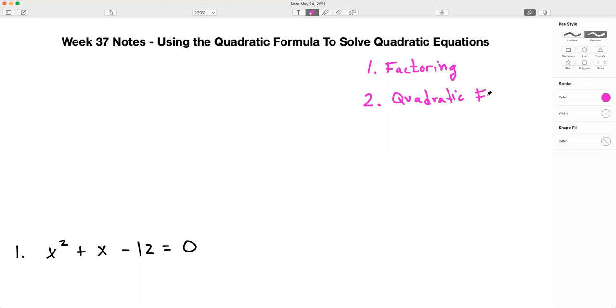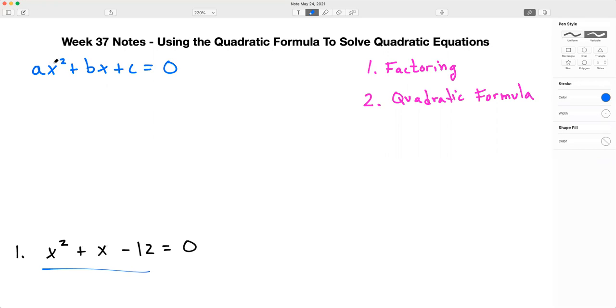the quadratic formula, okay? Now, I don't know if you remember back in week 20 when we did the star method. If you want to go back and look at week 20, you can. But when we were learning the star method, I had you identify this form and what the A and the B and the C were when you looked at something like this in this format, okay?